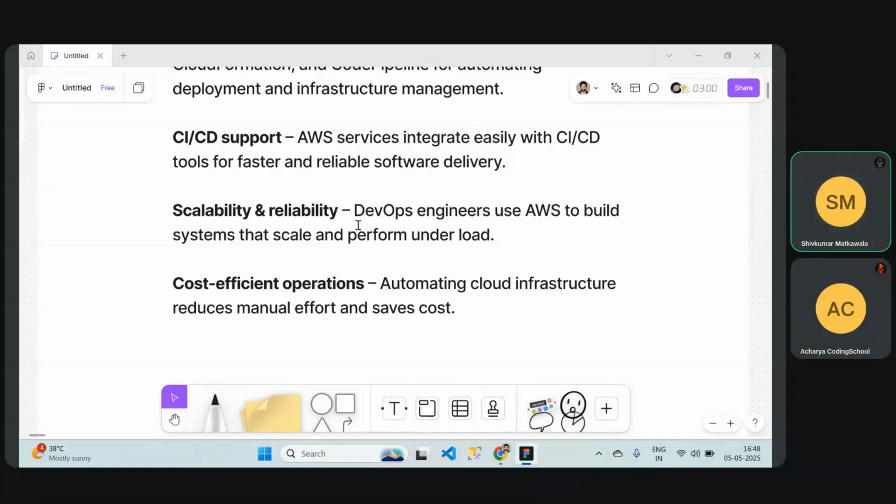And at a certain moment, when you need lots of servers, lots of computation, storage and all, you can have it in a fraction of a moment. You can return it, you can have it at any moment. That is all about scalability.